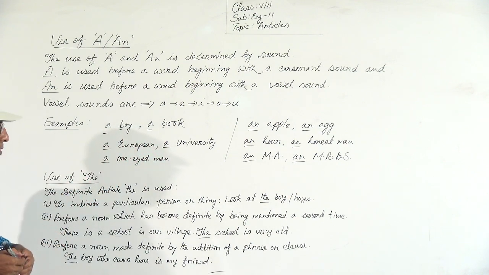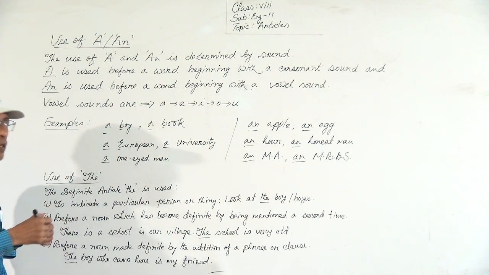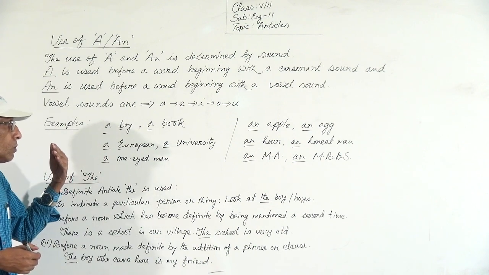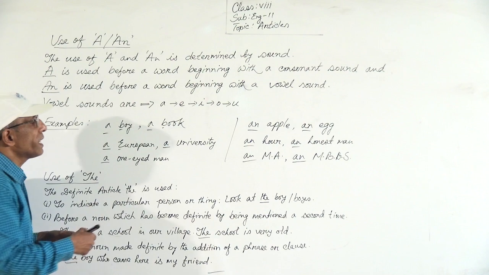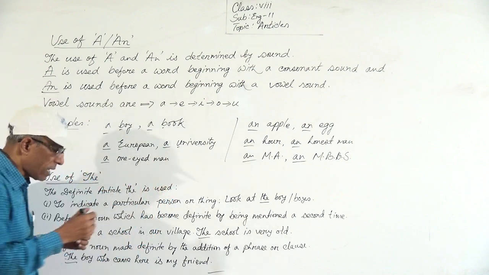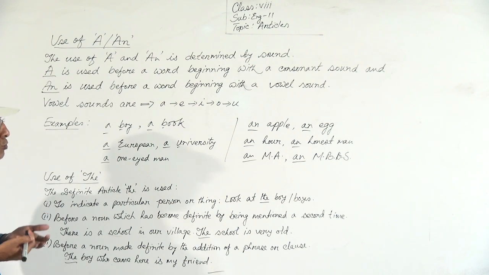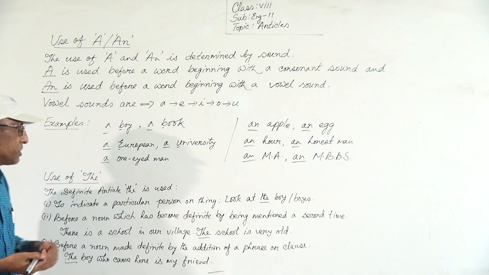A European. Though there is a vowel, the sound is consonant, so you have to say a European. A university, though there is a vowel at the beginning, the sound is consonant, so you have to use a before university.